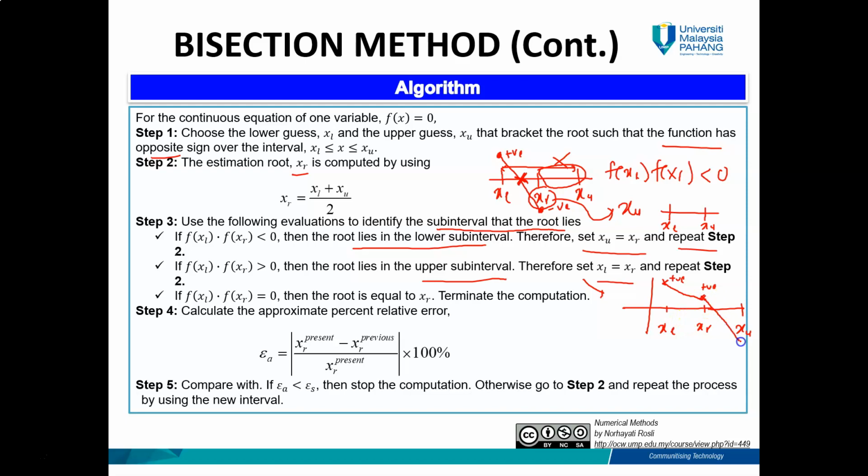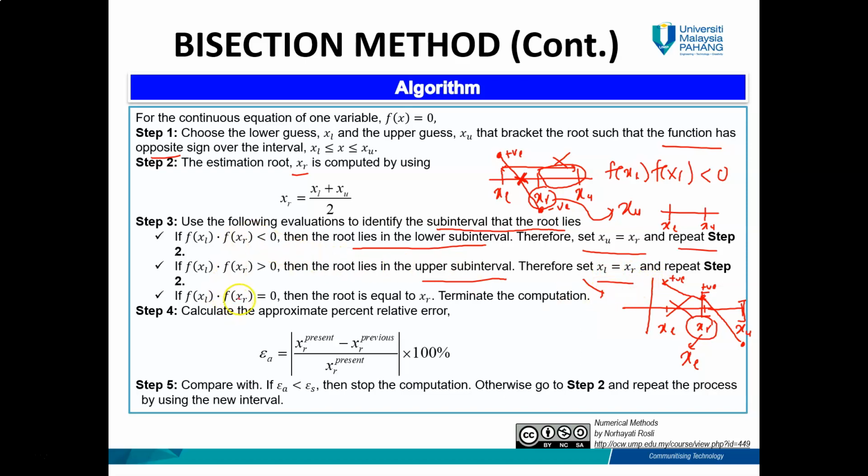But actually it will cross, for example, here, because from step number 1, f(xl) f(xu) must be less than 0. So when it crosses here, the root is not located in this interval, but in the second interval. In this case, to go to the next iteration, you need to set xr as xl, so you have this new interval. That's why for condition number 2, we need to set xl equal to xr and repeat step number 2.